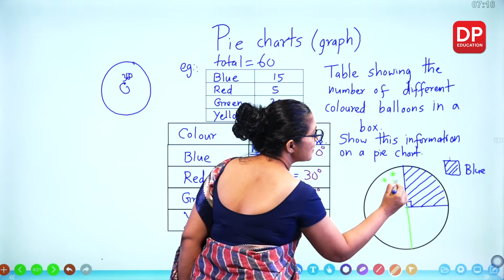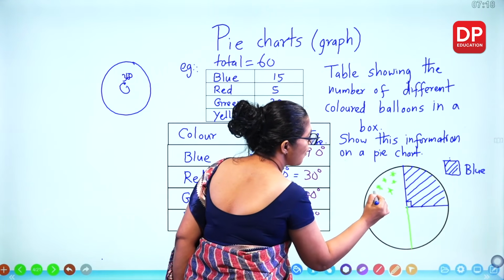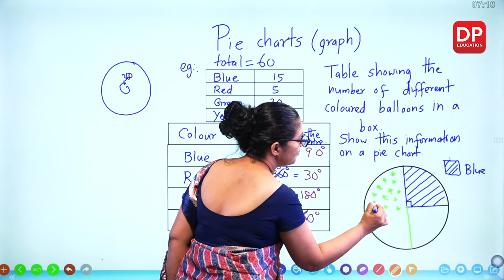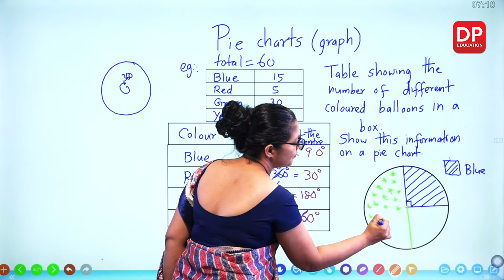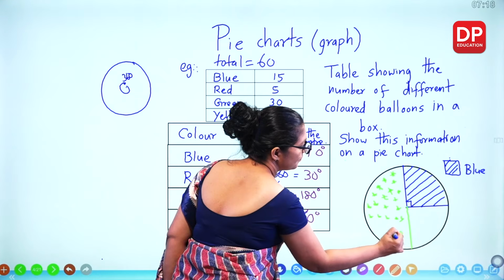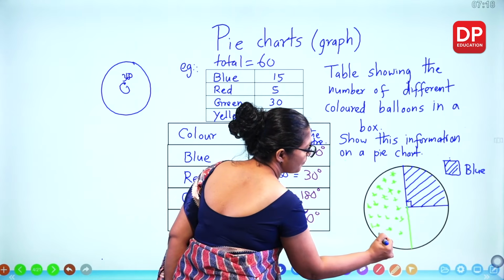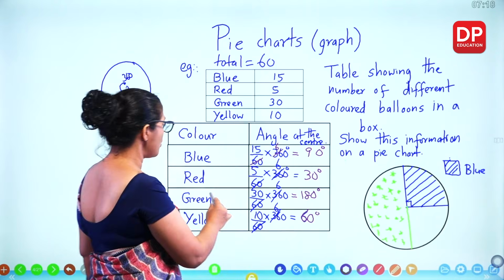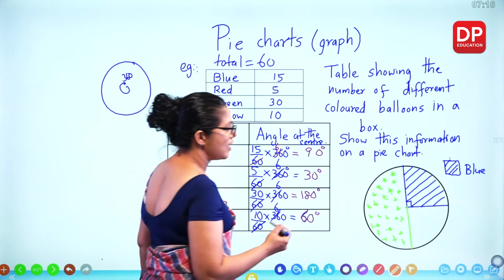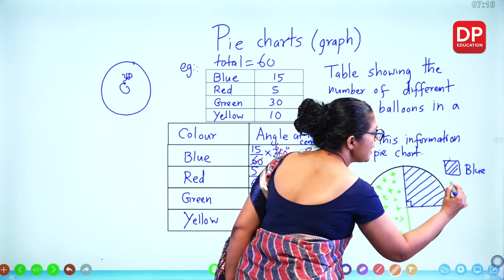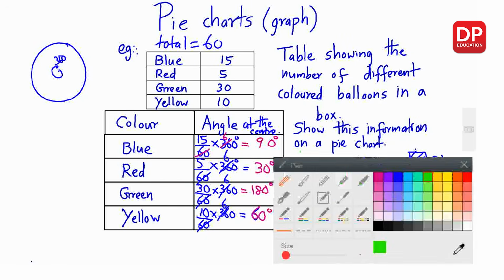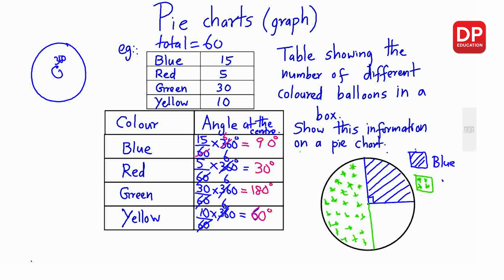I can mark with stars or whatever you think to represent. So this is about green color balloons. So here I have to do the same thing here. What's the category? I can put stars here. So that's the green color balloons.